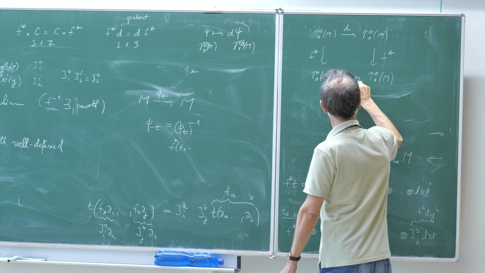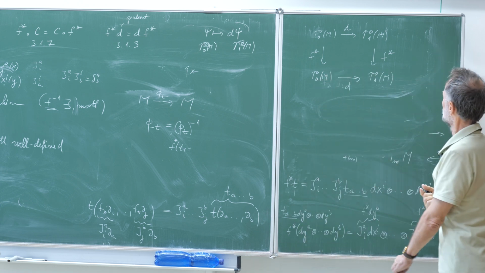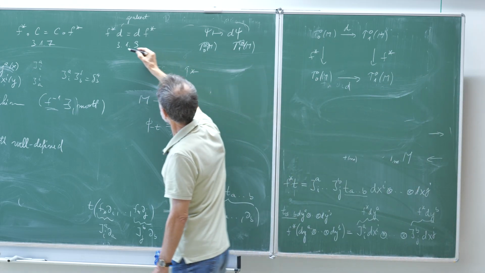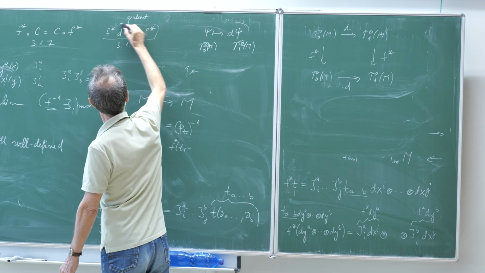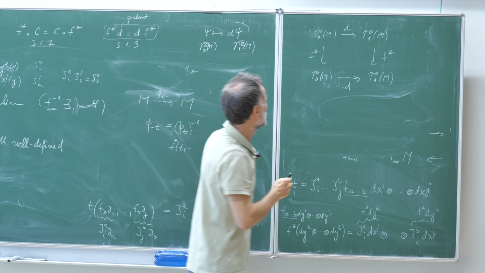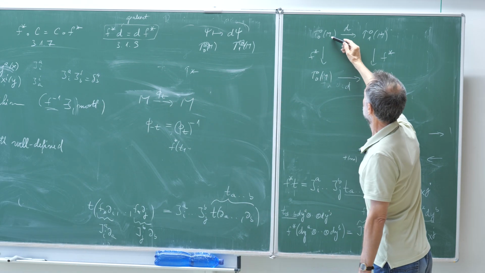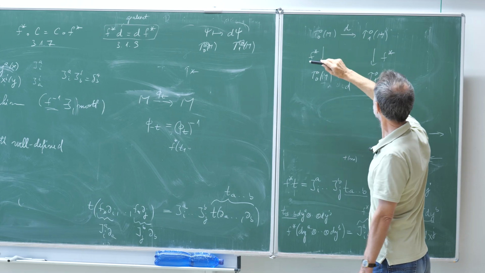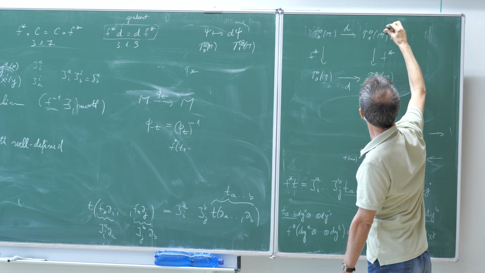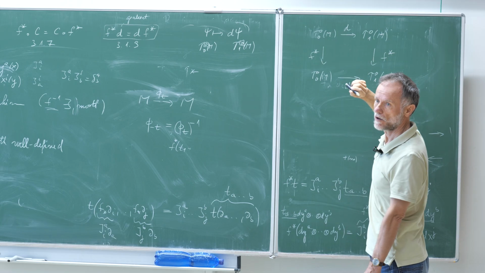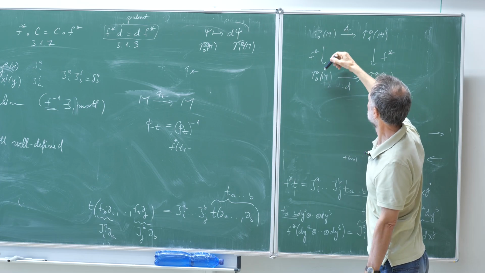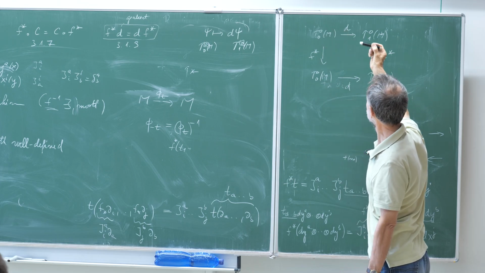And the result is that this diagram commutes, which means this formula: once again, you can either compute a gradient of a function on M and then pull it back, or first pull it back and obtain a function on Fm.